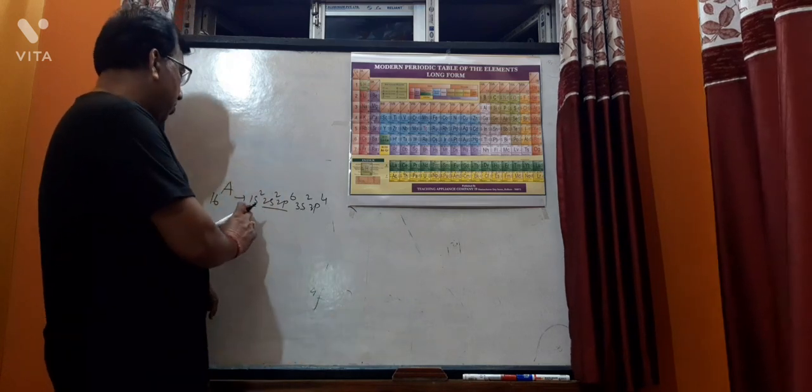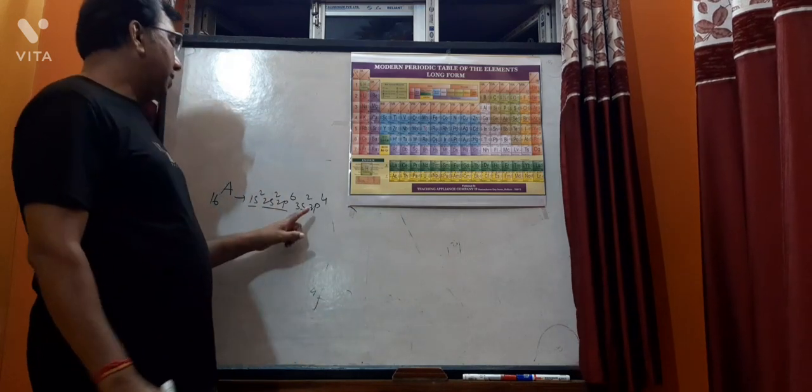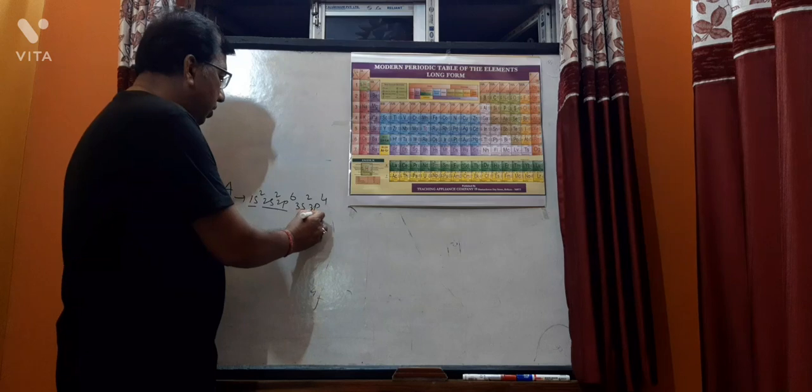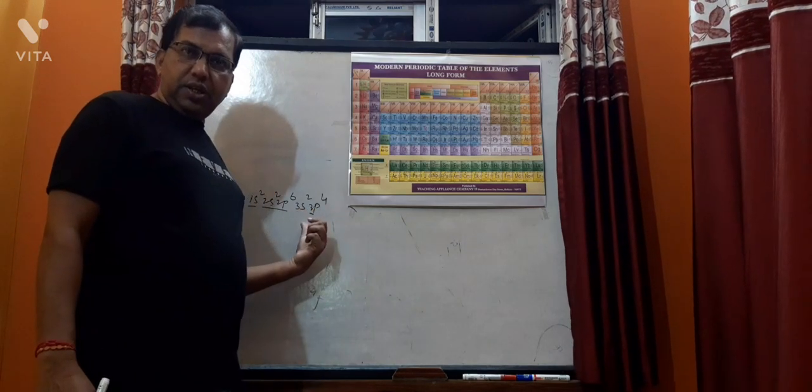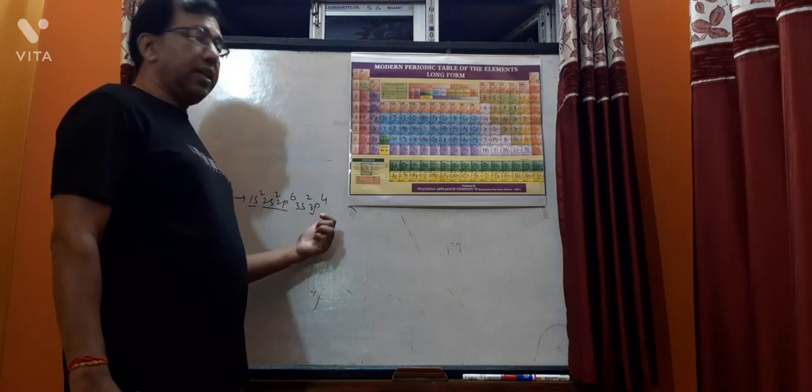The last electron goes to the highest shell number, 3. Then the last electron is in the 3p subshell.